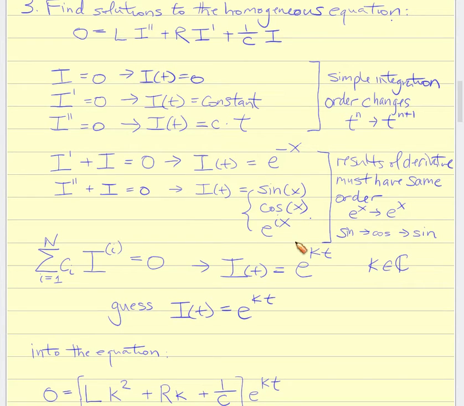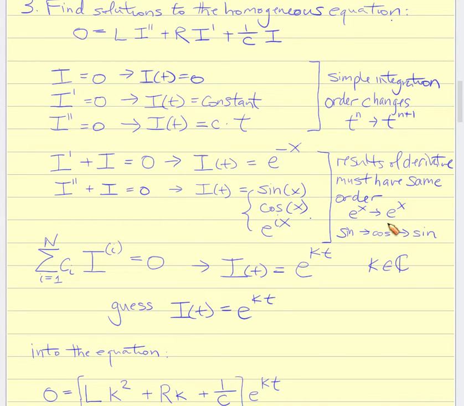And from complex analysis, you can show that e to the ix can be expressed with sines and cosines, cosine plus i sine. So this creates a family of functions that will do the job.